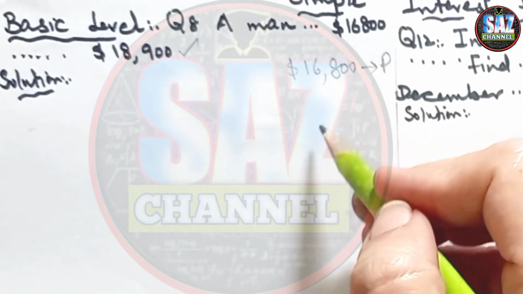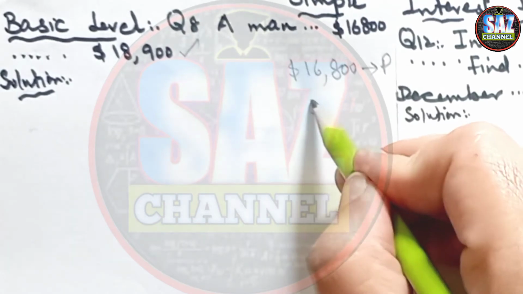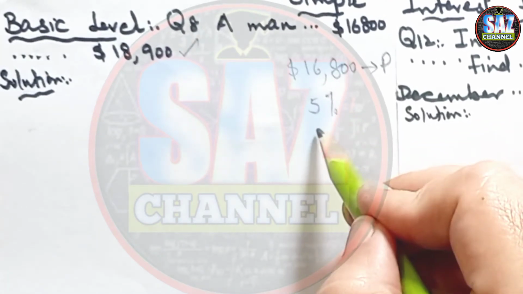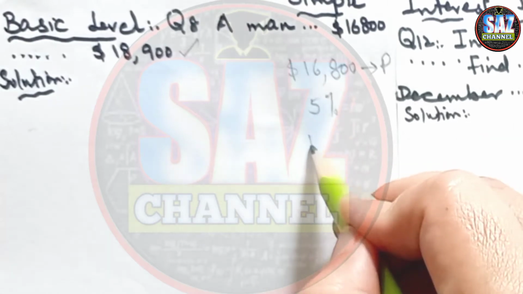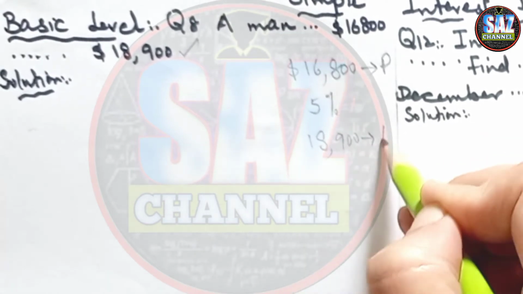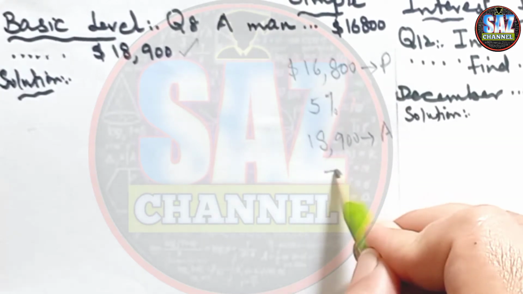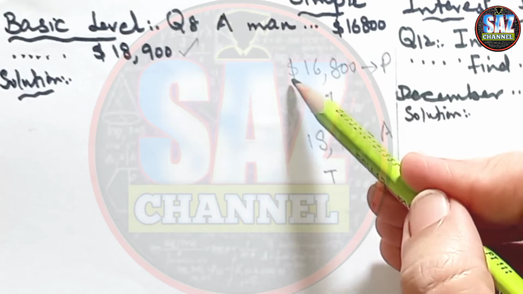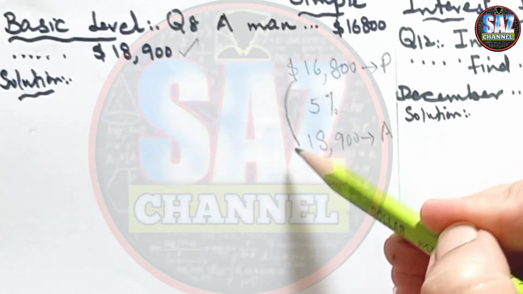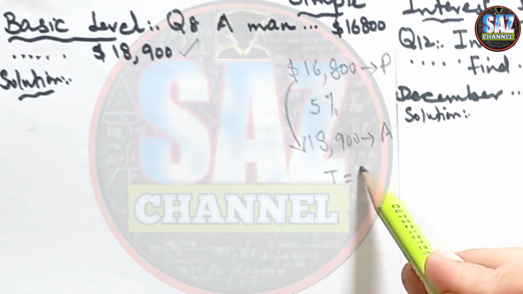Then after a certain period at the rate of 5%, that amount has become $18,900. Now we have to find the time taken for this investment to grow from 16,800 to 18,900.